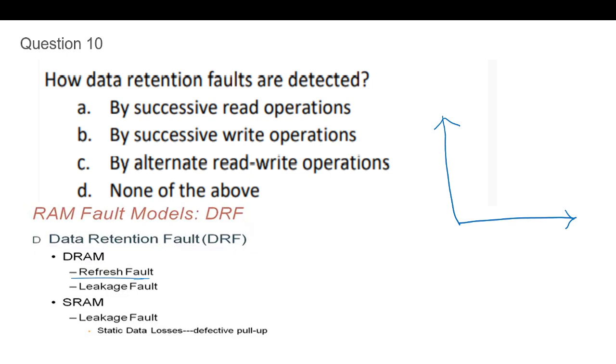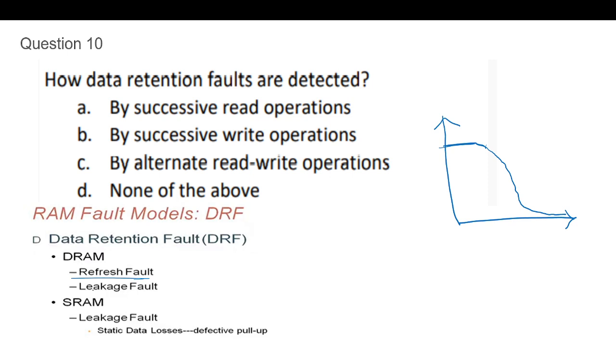There is a refresh circuitry: if it sees there is a discharge, periodically it will bring it back to one. This is the work of the refresh circuitry. But if there is any fault in the refresh circuitry, the cell value will be discharged completely from 1 to 0.